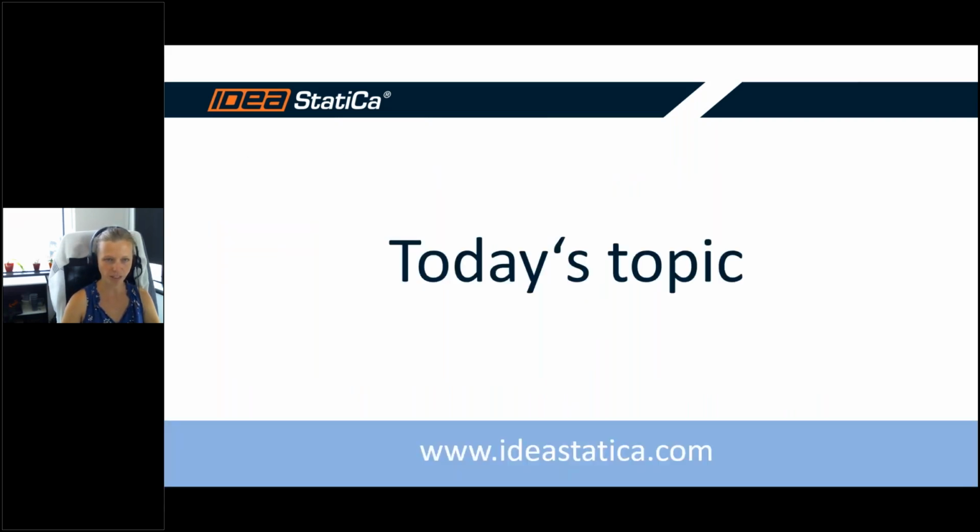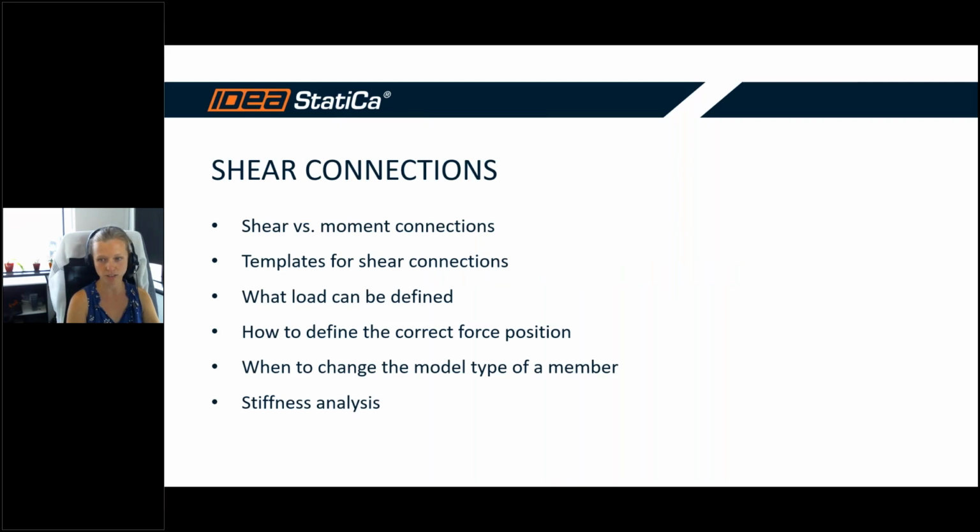So in today's topic, I will continue what Janko started last time, because shear connections are just another group of connections next to the moment ones. It's said that they are generally the most commonly used type of connection because they are probably cheaper and easier to construct. The little disadvantage is that they do not provide lateral stability for the structure.